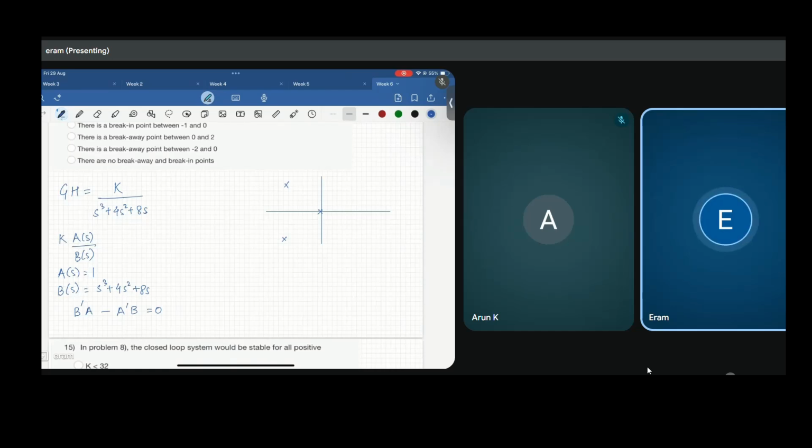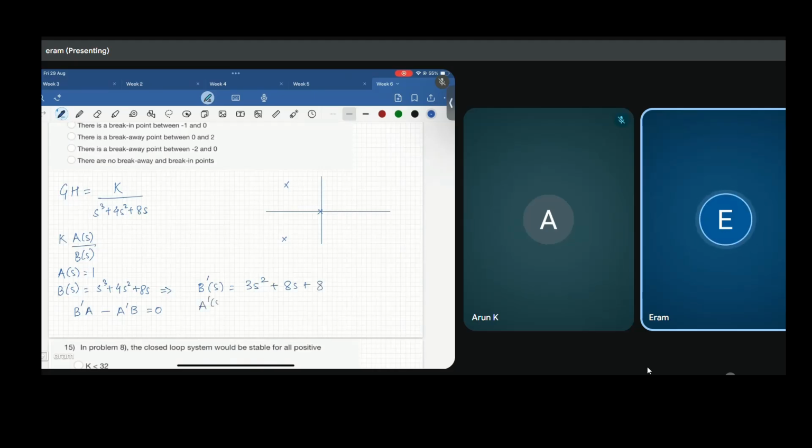So what will be B dash? It will be the derivative of B(s) with respect to s, which is 3s square plus 8s plus 8.